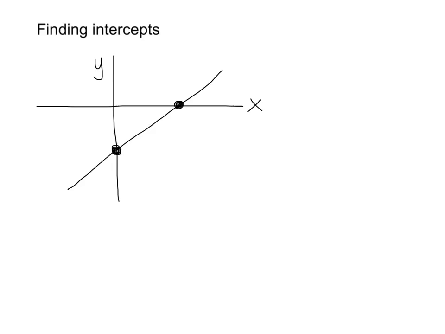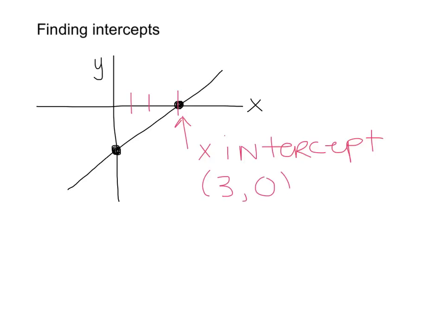So now let's look at how we find the intercepts, and this is going to help you graph. So if I look at this point over here, this is my x-intercept. It's where my line crosses my x-axis. So let's make this, for instance, positive 3. So my x-intercept is 3, 0.